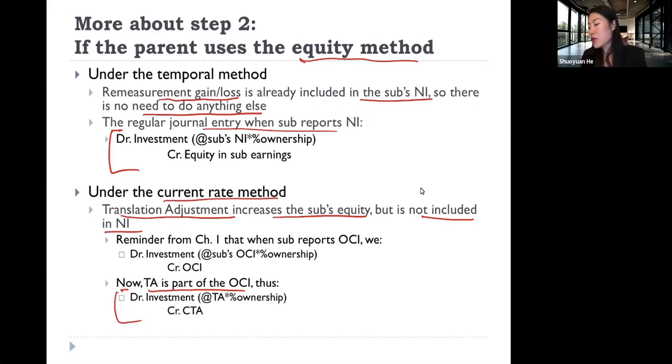One thing I need to mention here is that it is viewed as, in nature, very similar to OCI, but it is not really included in OCI. That's why we need to make an additional journal entry.